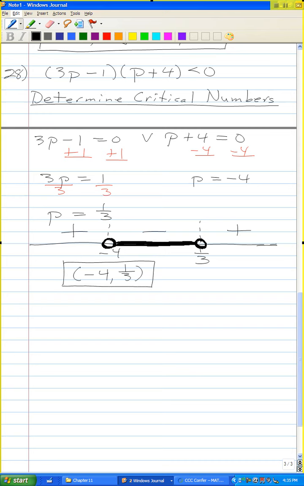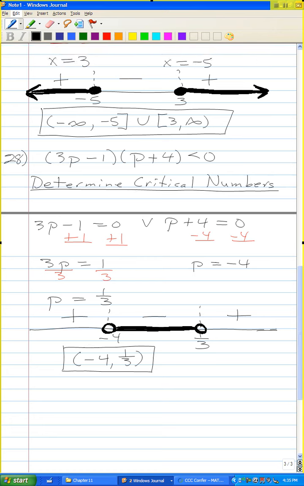Notice that these seem to alternate. And in fact, you can tell if the signs will change by just looking at the power of each of the roots.